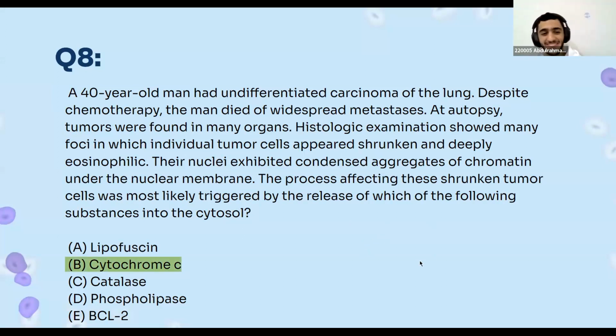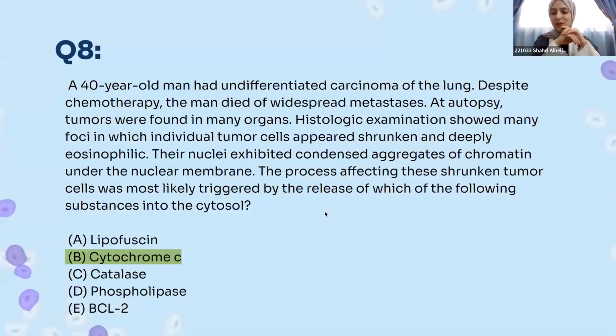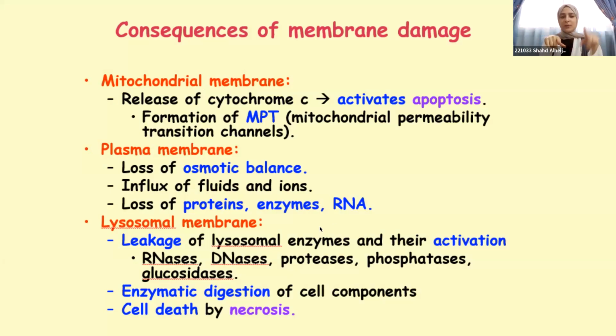So the correct answer is B, cytochrome C. Now, can anyone tell me what cytochrome C activates? Caspase 9. Exactly. So we have the formation of the mitochondrial permeability transition channels. This will allow cytochrome C to escape.